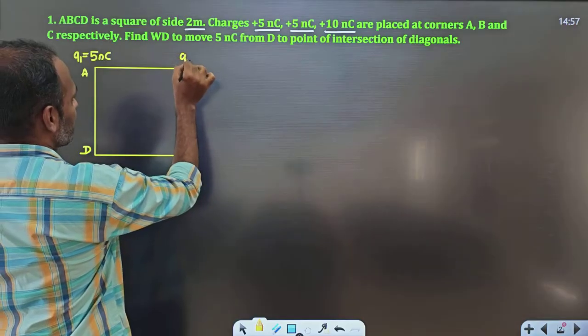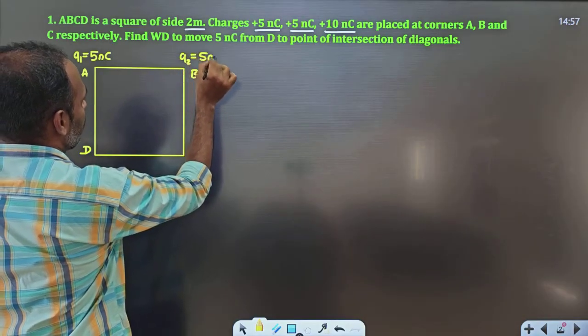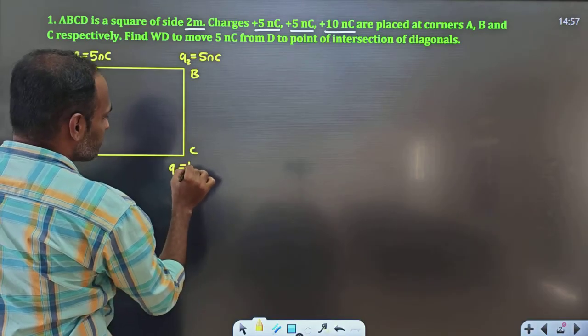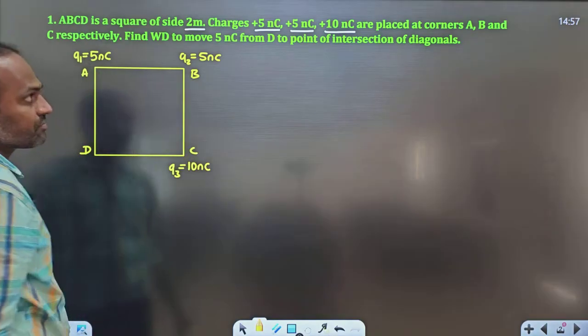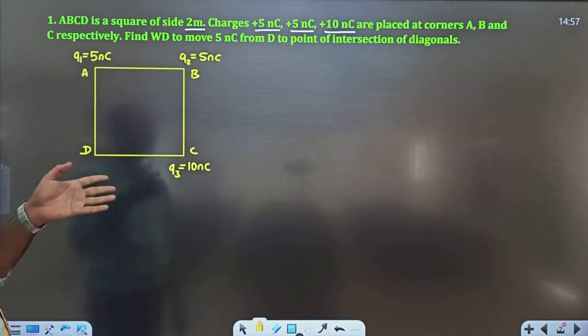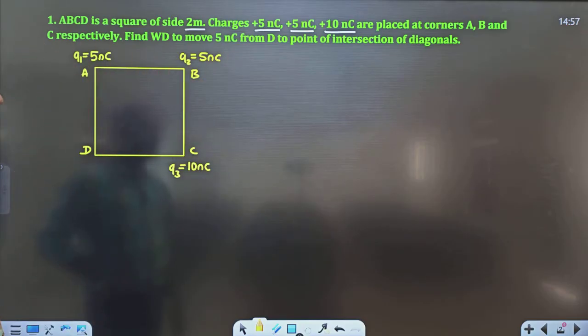At B, he has kept a second charge, plus 5 nanocoulomb. And at C, he has kept a third charge, plus 10 nanocoulomb. Find work done to move 5 nanocoulomb charge from D to point of intersection of diagonals.